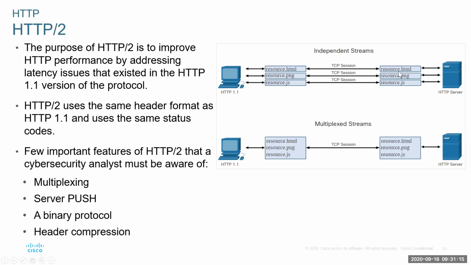So whether that's the HTML page, a picture, or JavaScript code, it had to set up individual TCP sessions. Now that's being multiplexed over a single TCP connection. A lot of this is because you want to do this in a secure fashion. It also limits the number of TCP sessions, which therefore limits the number of ports that have to be open on a client. You can just open one single port and transfer that information back and forth.